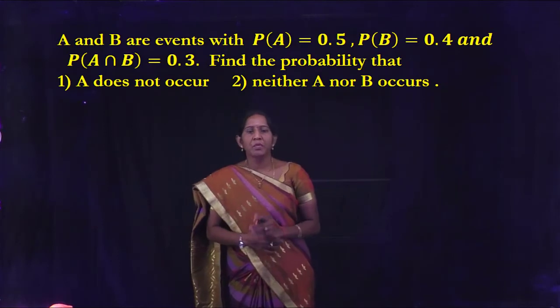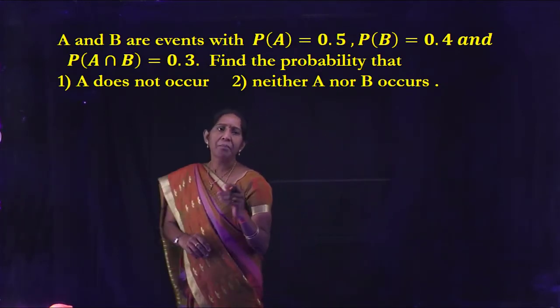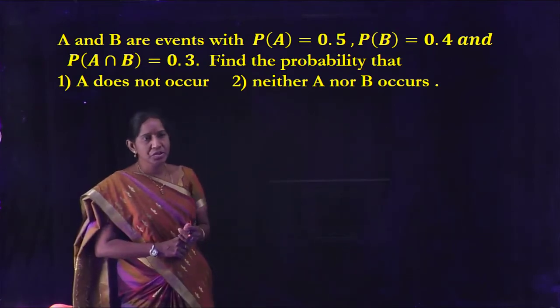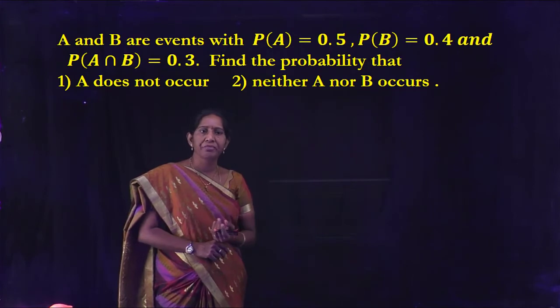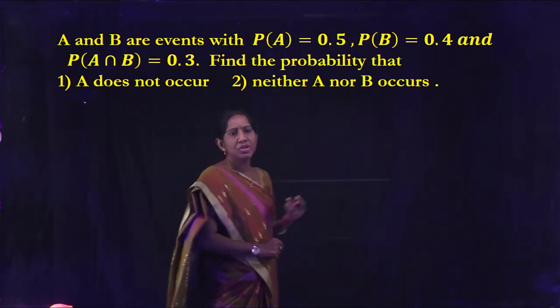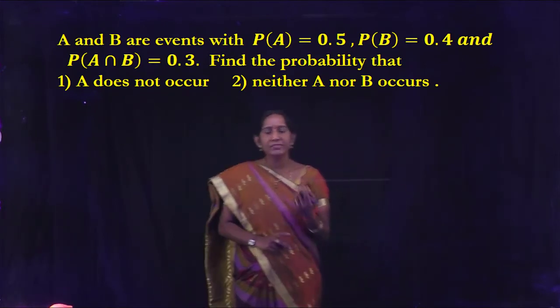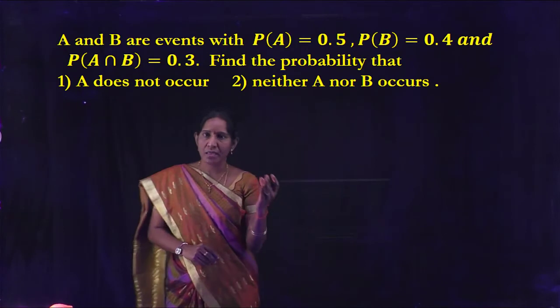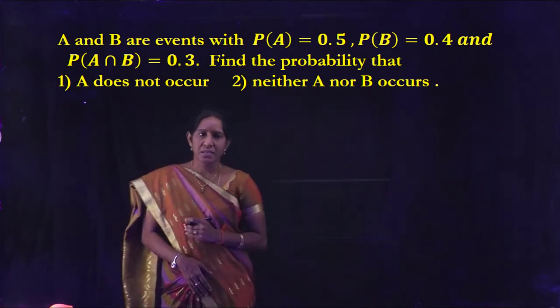Come to the next problem. A and B are events with P of A equal to 0.5, P of B equal to 0.4, and P of A intersection B is 0.3. Then find the probability that A does not occur and neither A nor B occurs.